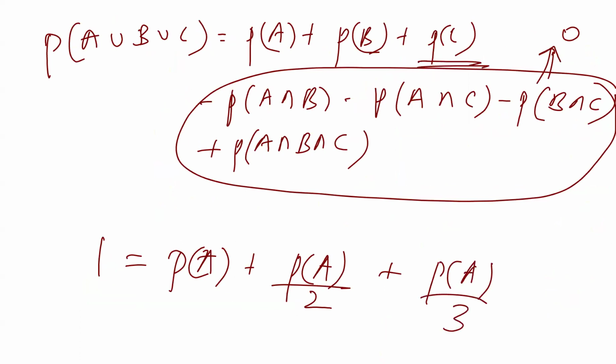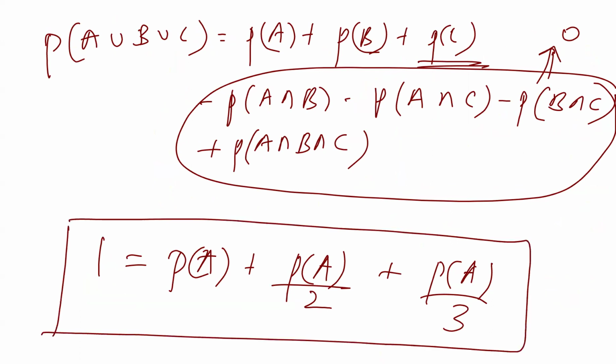Now you can take P of A common, and then from this equation you can get the value of P of A. I am very sure that you will be able to do this. That was question number 12.